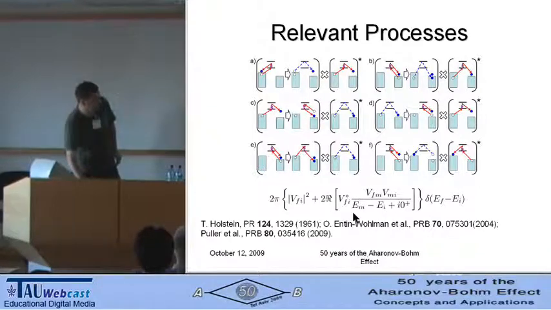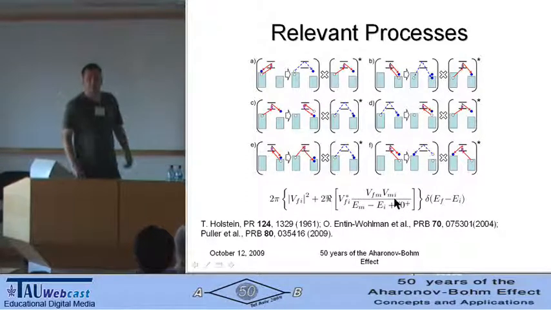And when the intermediate state has the same energy as the initial state, then this imaginary part of the denominator gives you additional phase shift. This is how it can be understood mathematically. No more intuitive explanation, well, I can't really say.